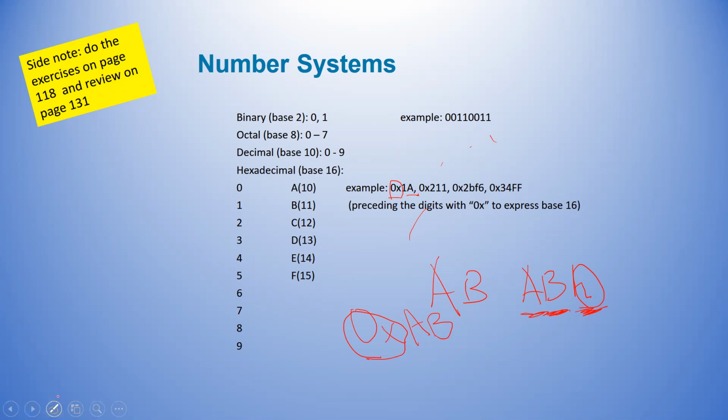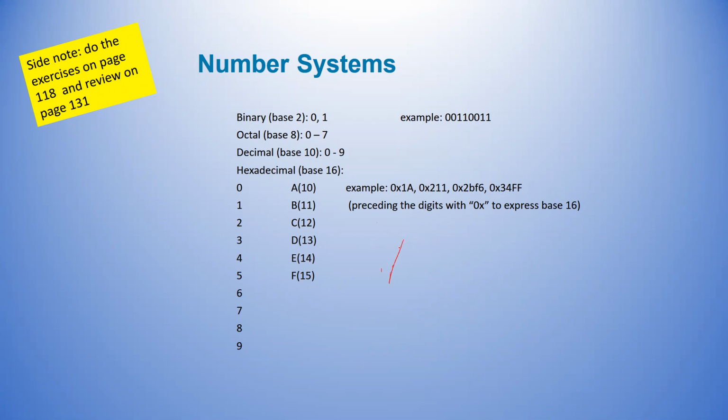Okay, so yes, go ahead. If it's base 16, does that mean that we go 16 to the power of 1, 16 to the power of 2, 16 to the power of 3 by place value? Yes, it's like this. If you have A, B, C, this would be 16 to the 0th, 16 to the 1st, and 16 to the 2nd. And C is 12, right?